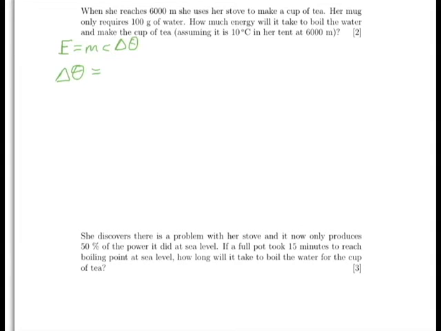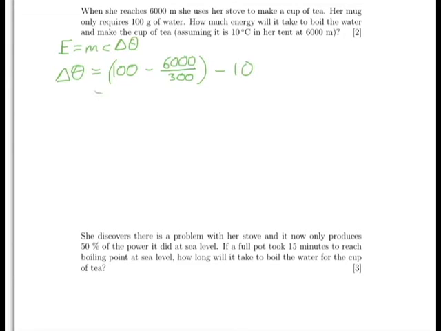So the boiling point should have been 100, and from that we need to take away the effects of the air pressure, so that will be for every 300 metres, so 6,000 divided by 300 will give us the number of degrees that the boiling point will have reduced by rising 6,000 metres. So that's our maximum temperature, and from that we need to take away our starting temperature, which is 10 degrees C in her tent.